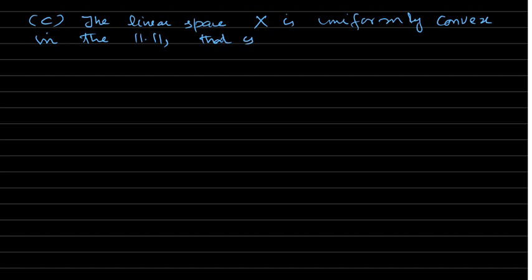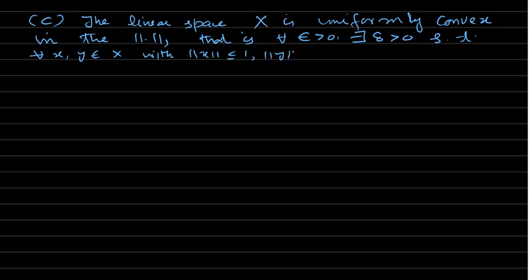That is, for all epsilon positive there exists delta positive such that for all x, y in X with norm x less or equal to 1, that means x is in the unit ball, norm y less or equal to 1, y is also in the unit ball, and norm of x minus y is greater or equal to epsilon, this is all given. This should imply that we must have this.